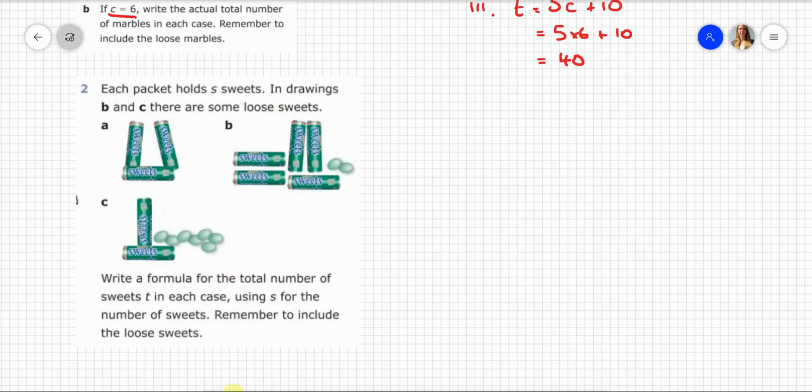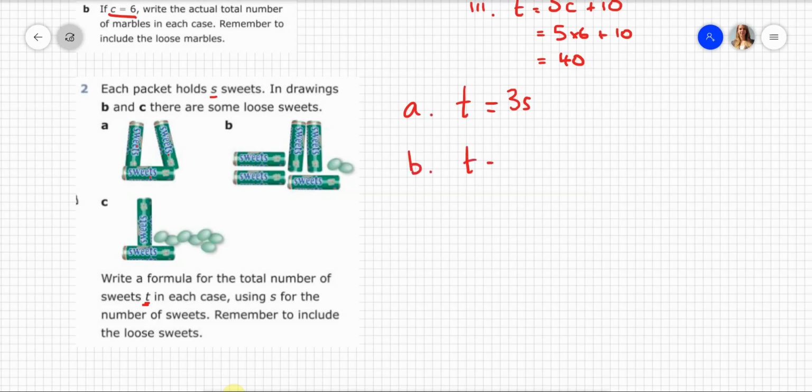So this is question 2. Please pause the video and have a go at it, and then unpause it and I will show you the answer. So it says each packet holds S sweets. Write a formula for the total number in each case. So for A, the total is 3 packs, so it's 3S.